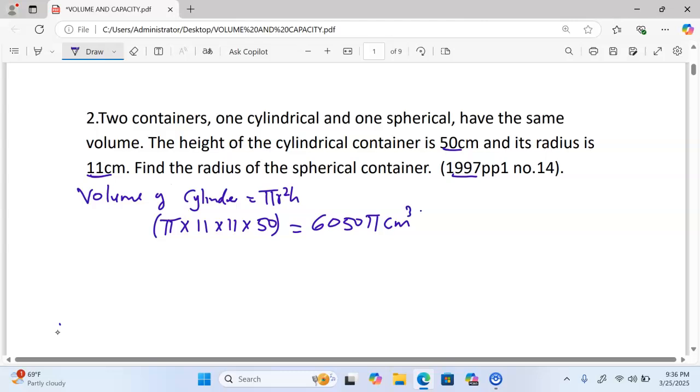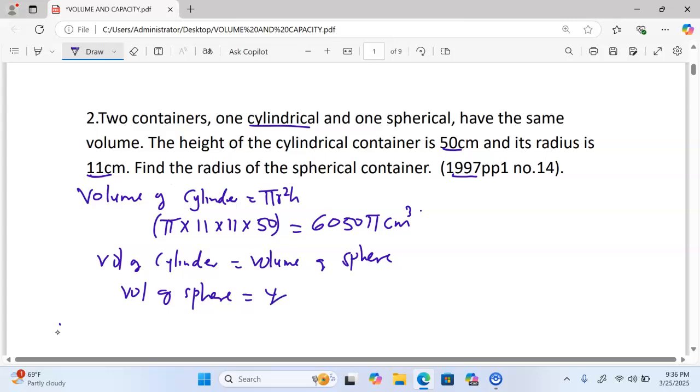Once we have done that, we know the volume of the cylinder is equal to the volume of the sphere. The volume of the cylinder has been given as 6050 pi centimeter cubic, and to get the volume of a sphere, we use the formula: volume of sphere is given by 4/3 pi r cubed.